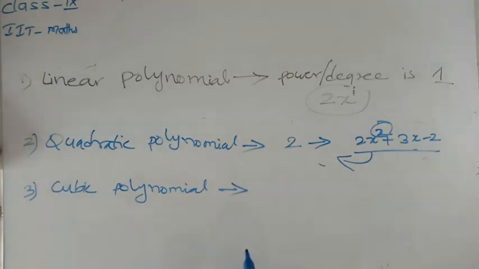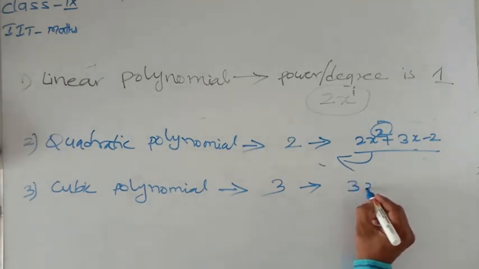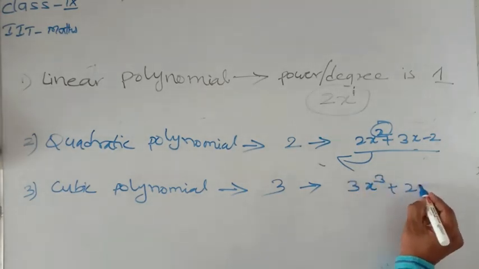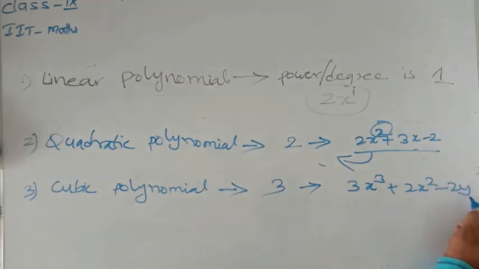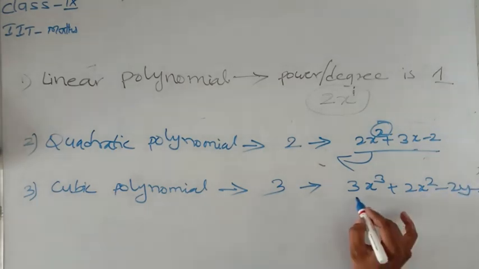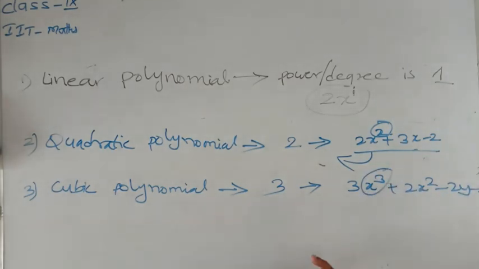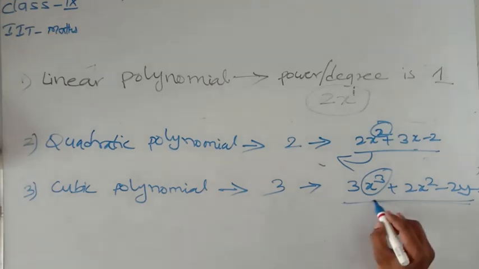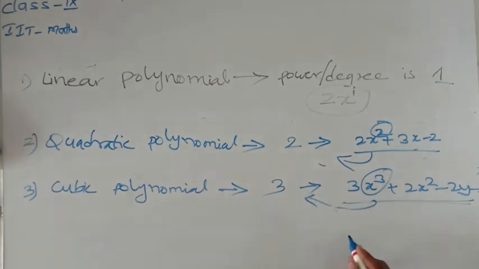An expression which is having the highest power 3, then it is called a cubic polynomial, that is 3x cube plus 2x square minus 2y minus 2. In this total expression the highest power is only 3, hence it is called a cubic polynomial.